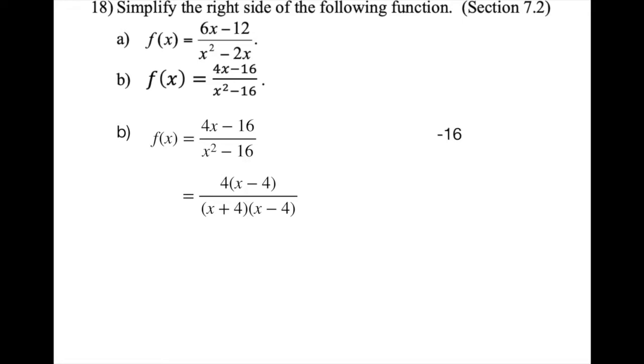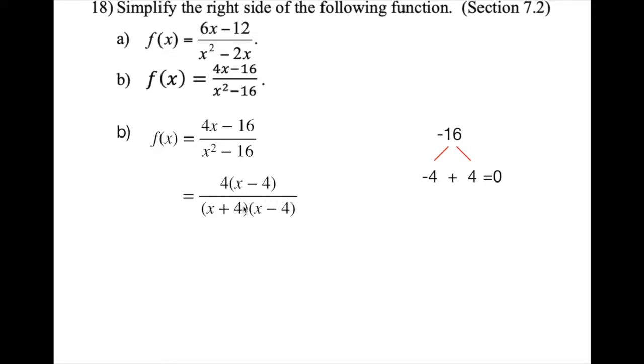We want to factorize that so that the two factors sum up to 0, because there is no x term here. So it will be minus 4 and 4. Down here, we factorized it as x plus 4 times x minus 4.